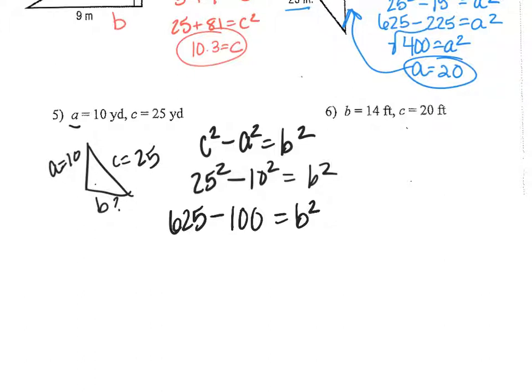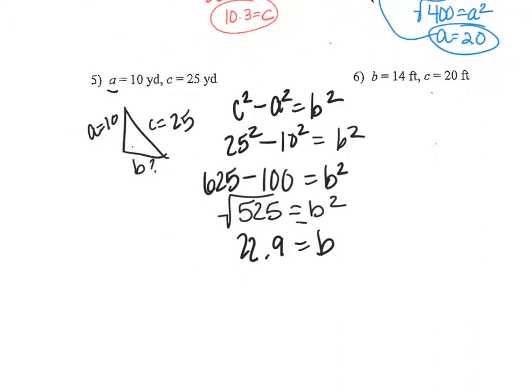So 625 minus 100, 525. Okay, and that's that side length squared. So am I done? No, I've got to take the square root of that. So square root of 525, and it's going to be 22.9, or we could probably say 23.